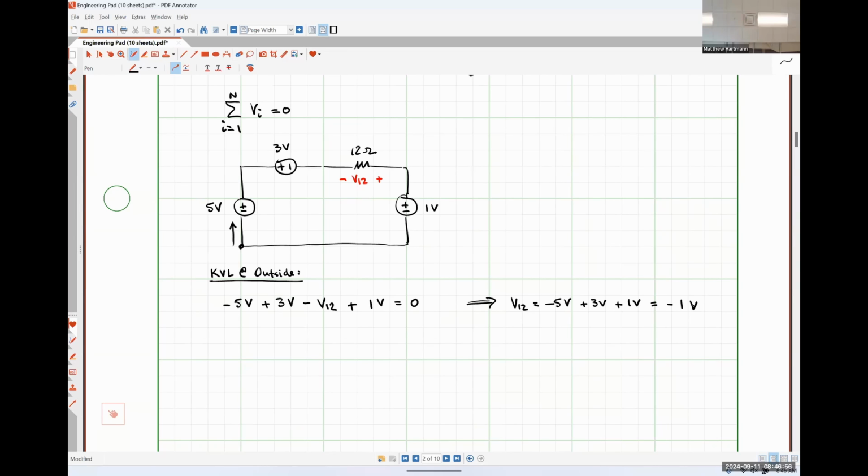Okay. All right, so now let's mess around with our idea of a closed path. What if I want this voltage Vx? First, is this fair?